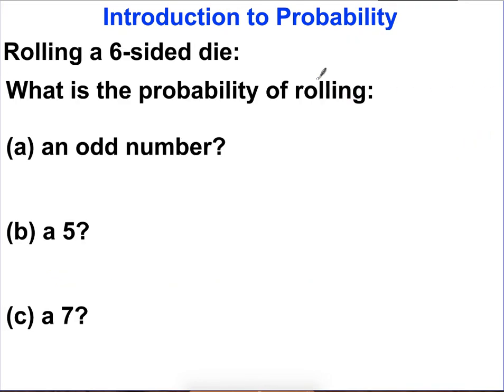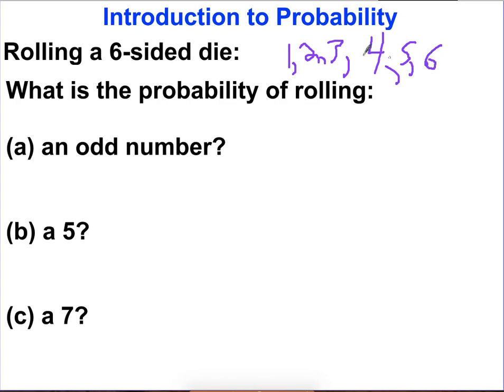So let's look at what is the probability of rolling an odd number. Remember back to our ratio. We have to look at the number of events that we could get over the number of events that there actually are. So let's look at how many odd numbers there are. Remember the possibilities are 1, 2, 3, 4, 5, 6. Which of these are odd numbers?